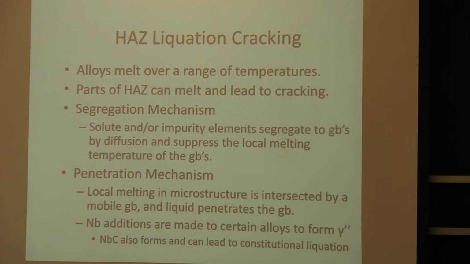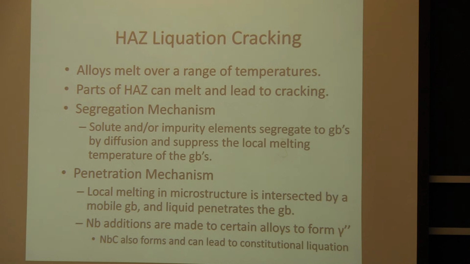And the reason that heat affected zone cracks can occur in this case is that alloys melt over a range of temperatures. If you remember from the phase diagrams that I know Professor Eager has showed you, and I showed you some of the stainless steel phase diagrams, as the temperature drops in an alloy, you go from liquid to a liquid plus solid region, and before you get down to a completely solid region.